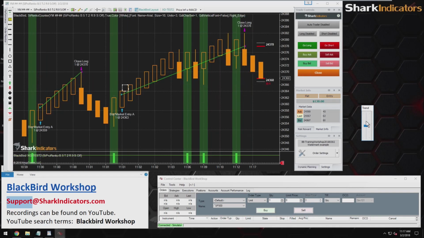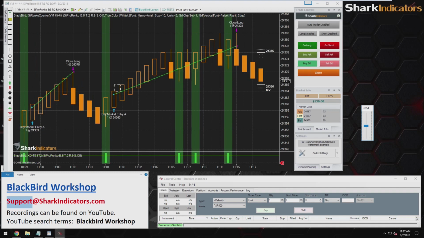That's just a visual, but also inside this indicator there's a data series that you can use inside of BloodHound to tell BloodHound that the bar is potentially about to close. That way you can try and jump into the trade early, like one tick early.